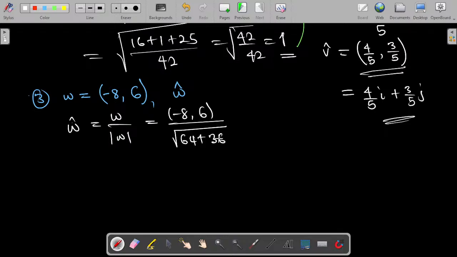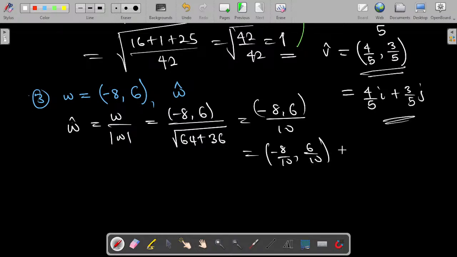This gives us the square root of 100, which is 10, and so you will get minus 8 over 10, comma 6 over 10, and of course this is equal to minus 4 over 5, comma 3 over 5. All right, so that's very beautiful.